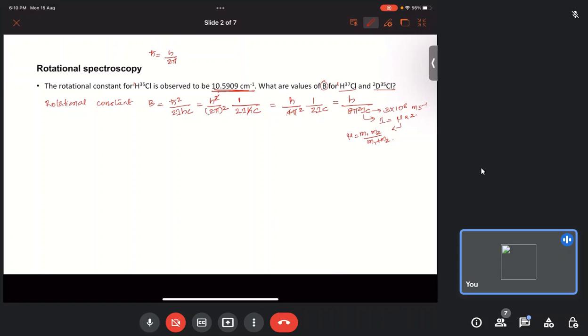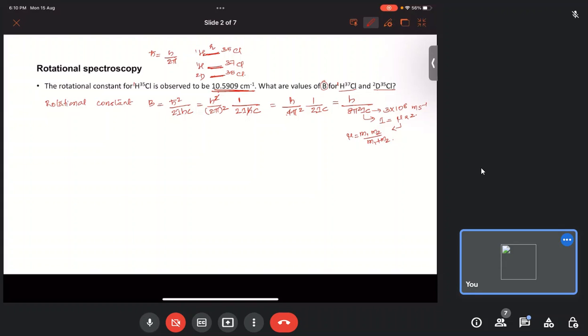Okay, so we don't know what r, the bond length, is. Between a proton and a 35 Cl, we don't know the bond length, and we are going to assume that the bond length is the same all throughout.